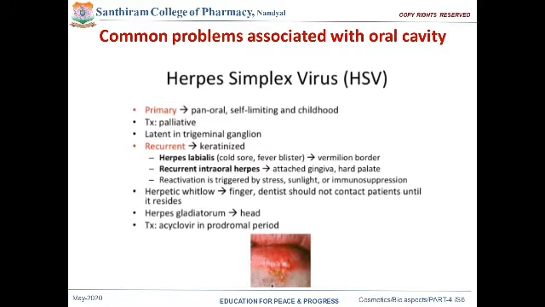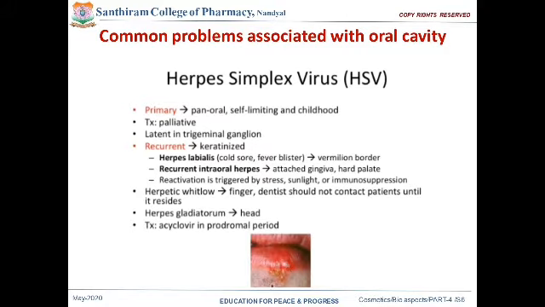We also have recurrent intraoral herpes, and this occurs exclusively on attached mucosa, which can be attached gingiva or the hard palate. Note that the primary infections are pan-oral, P and P, whereas the recurrent infections are only on keratinized tissue, like I mentioned: the vermilion border, the attached gingiva, and the hard palate. So that's a very important and very commonly tested distinguishing factor between those two.